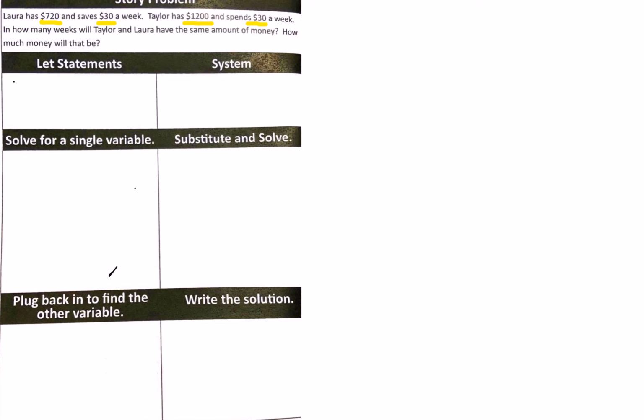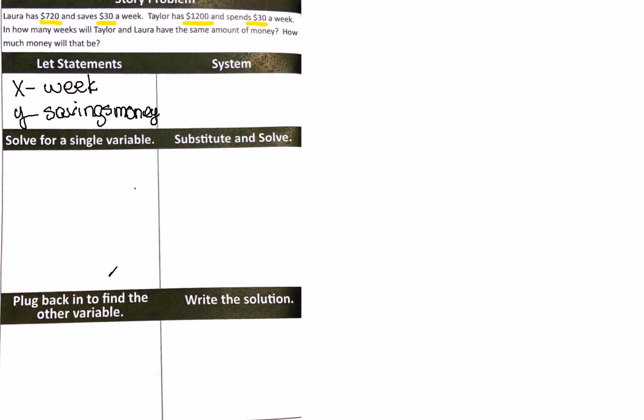Let x be the amount of weeks, and let's say that y is the saving money.